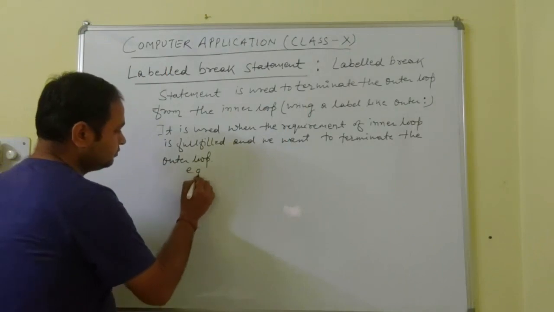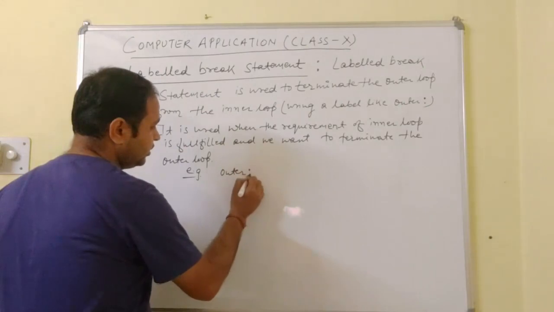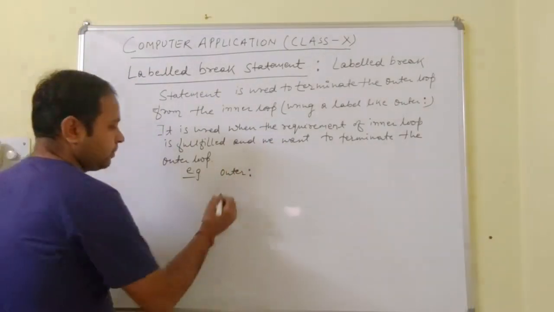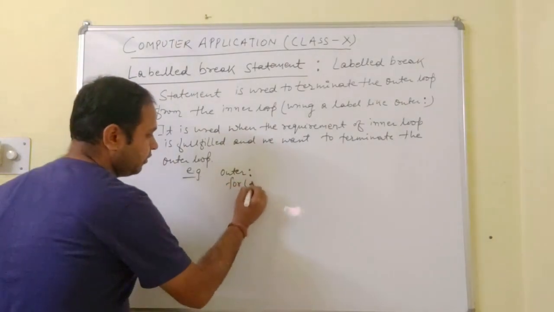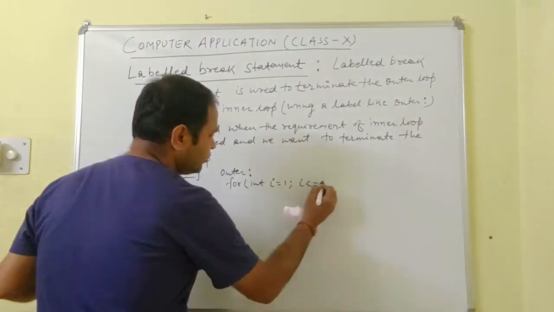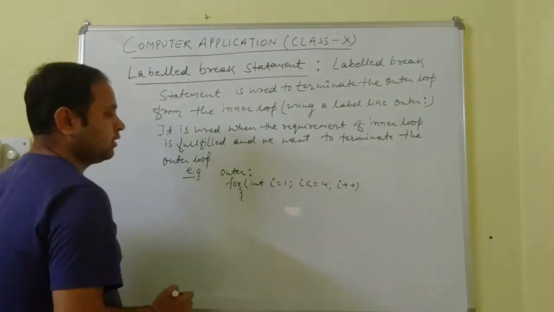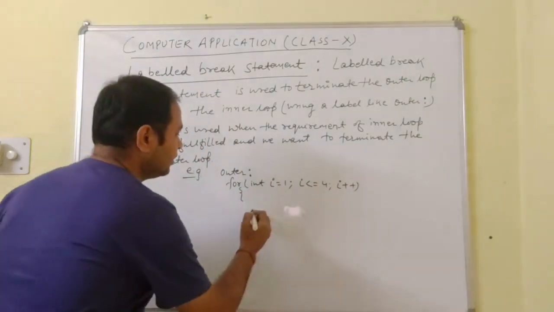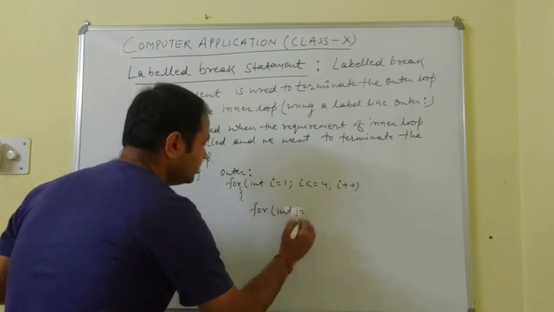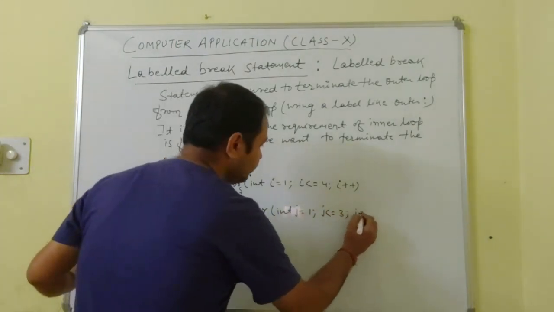For example, I take a label outer and then I put a colon over here. After that I write for int i is equal to 1, i less than or equal to 4, i plus plus. Then I write for int j is equal to 1, j less than or equal to 3, j plus plus.